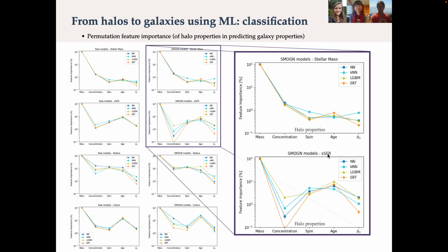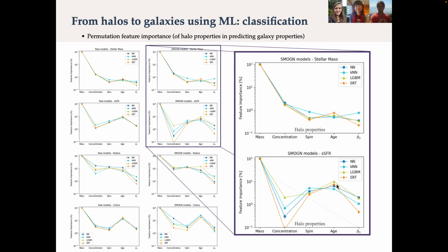Now, if you go to star formation rate, in this case we are always using specific star formation rate, so the star formation rate divided by the stellar mass of the object. Then we find that mass is still very important. Concentration is not so important, or actually, depending on the method, it may be less or more important, but now age is very important, the age of the halo.